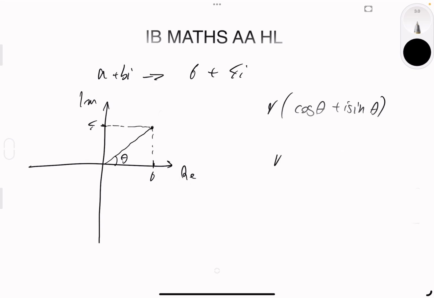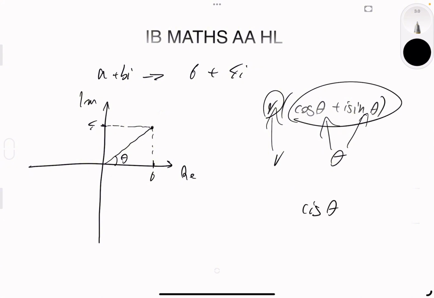So having both r and theta, we can plug this into this form, and then we'll have our modulus argument form, with the modulus being this and the argument being this part, which can be written as cis theta instead of cos plus i sine theta to go faster.